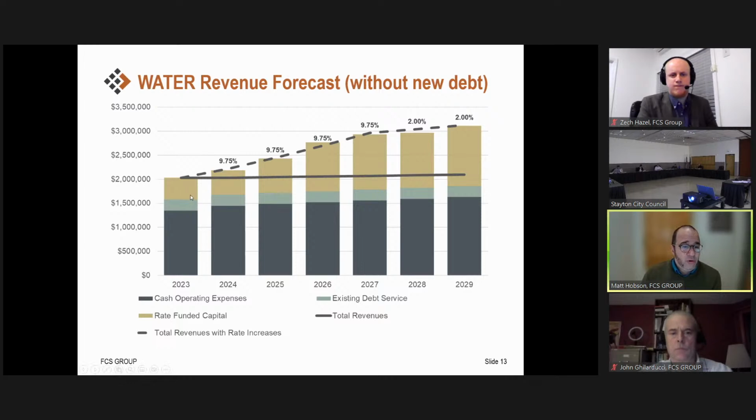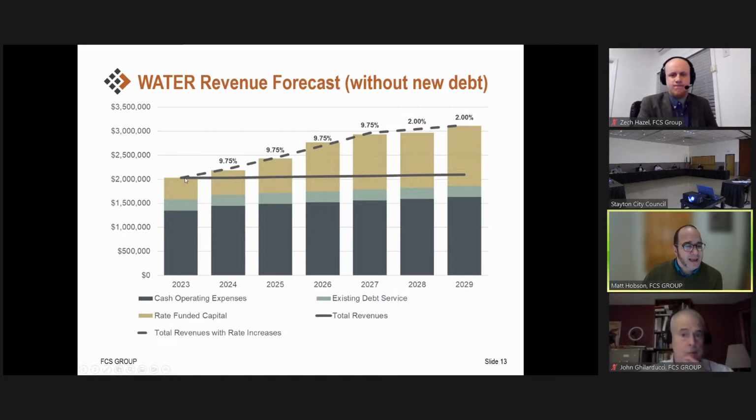And then the gold column represents cash or rate-funded capital. And so this is funding that we are setting aside to support the capital program, in addition to meeting our operating expenses. You can see that today, the horizontal solid line that runs across the chart is our revenue forecast, assuming we don't make any rate changes from today's rates.